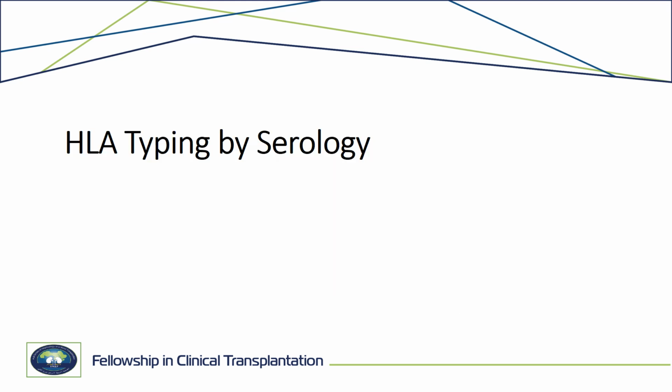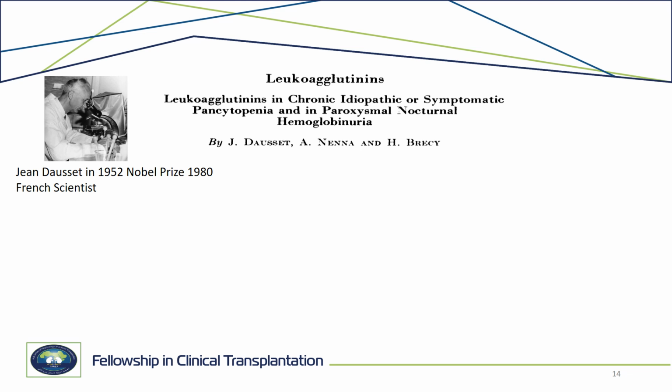HLA typing by serology. So first I would like to give you a brief idea about how the field evolved. The molecule of HLA was described in the 1950s independently by 2 groups of scientists. The first scientist was named Jean Dausset in 1952 when he was working in the lab.